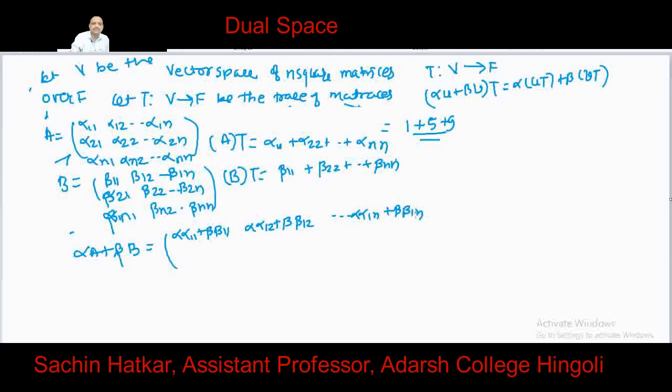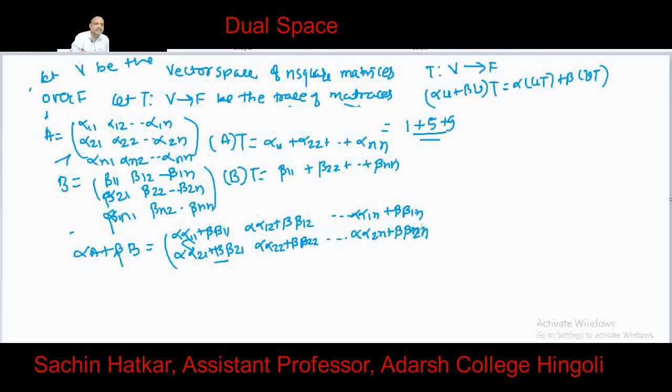This is the first row of the matrix. The second row is alpha times alpha 21 plus beta times beta 21, alpha times alpha 22 plus beta times beta 22, up to alpha times alpha 2n plus beta times beta 2n.